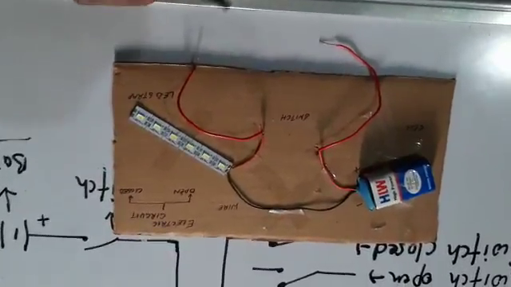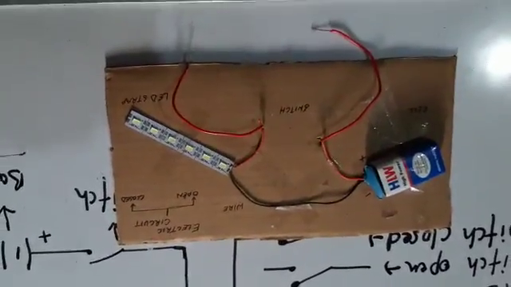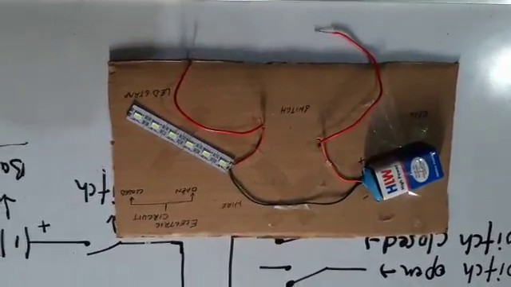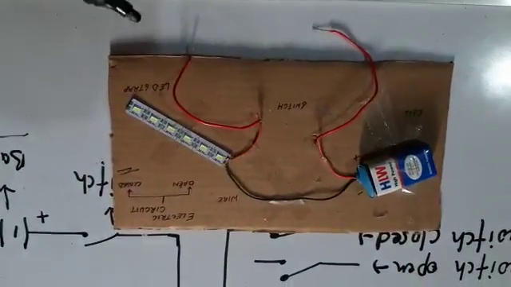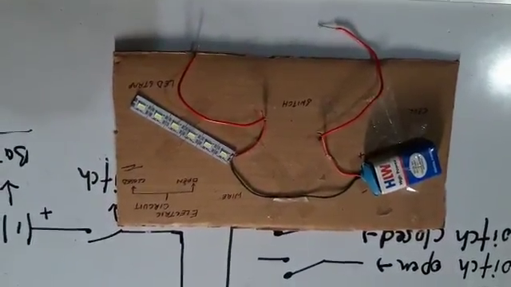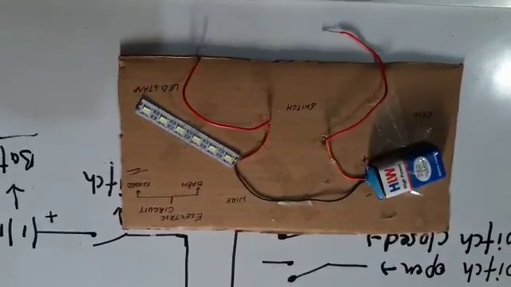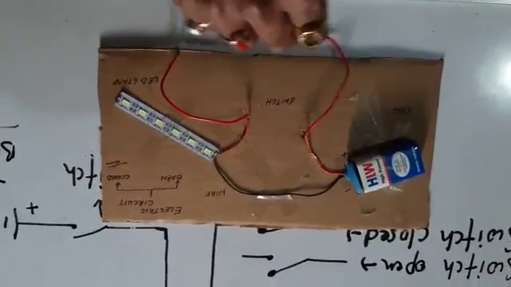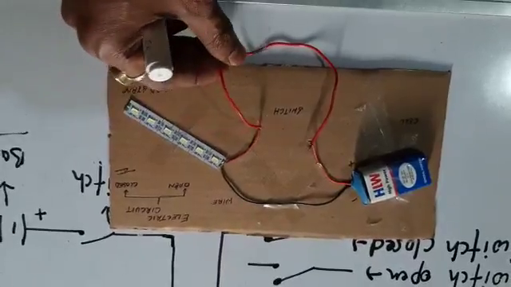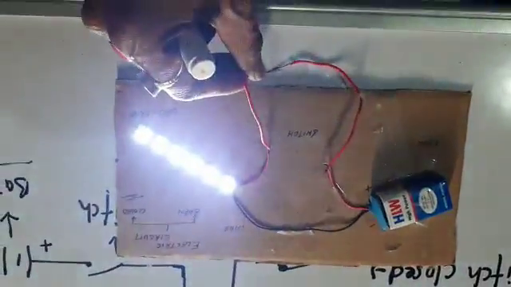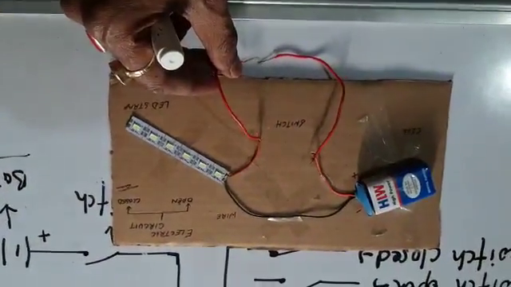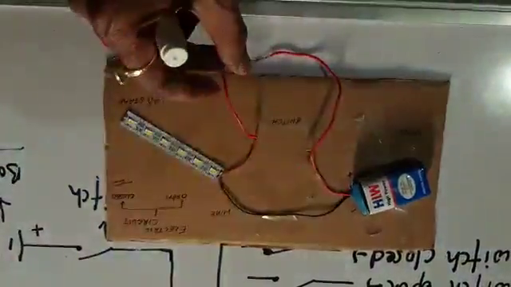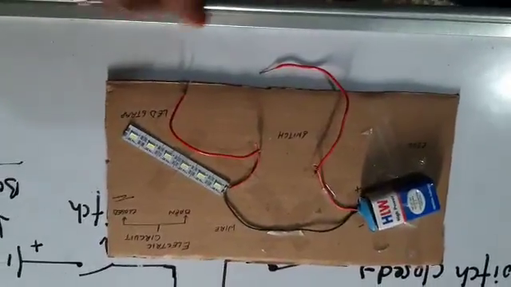But we will see that when a closed and continuous path is formed, when the circuit is closed, electric current flows only through a closed circuit. So when the circuit is closed, electricity will flow, and we can see the bulb is lighted. In this case it is called a closed circuit, and right now it is an open circuit.